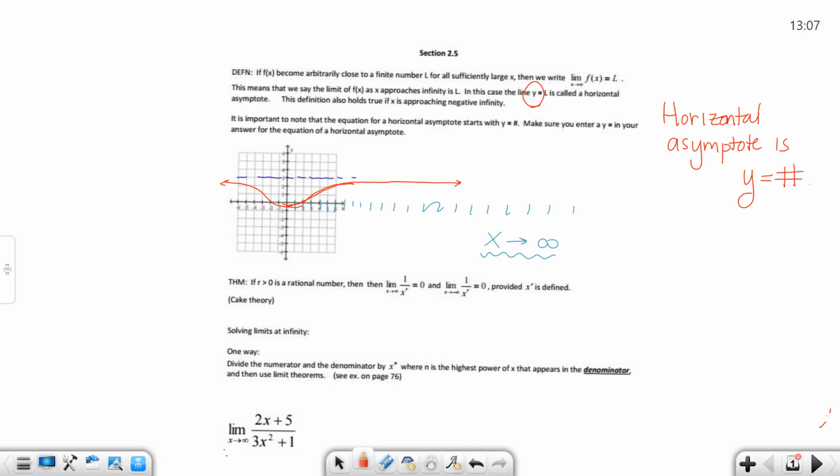Y equals a number. So when you get ready to pick your multiple choice answers, remember vertical asymptotes are x and horizontal asymptotes are y. Be very careful with the lettering.